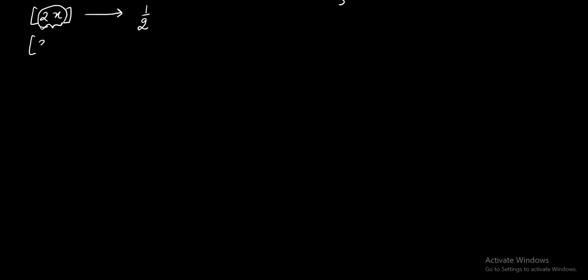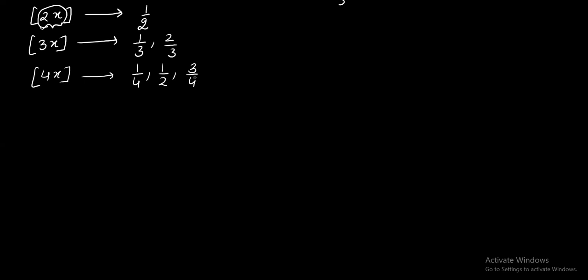Similarly, talking about the integral part of 3x. At what values will 3x become an integer? 1/3, 2/3. Keep on writing. For the integral part of 4x you will get 1/4, 2/4, 3/4. You must have noticed that 1/2 has repeated. Talking about the integral part of 5x, it will become an integer at 1/5, 2/5, 3/5, 4/5, right?